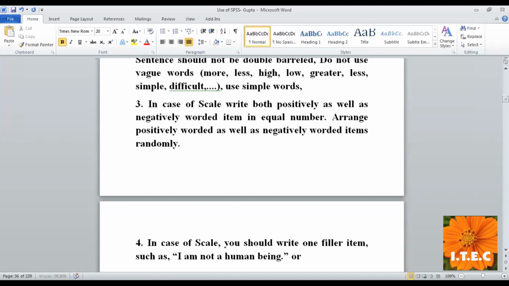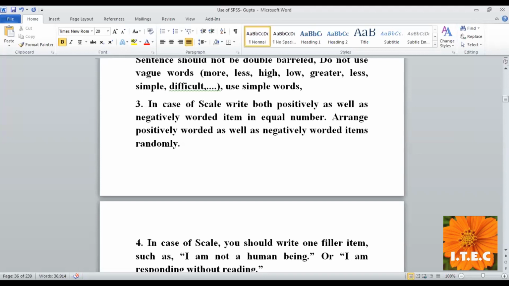Or you may write I am not reading, or I am answering without reading. I am responding without reading.